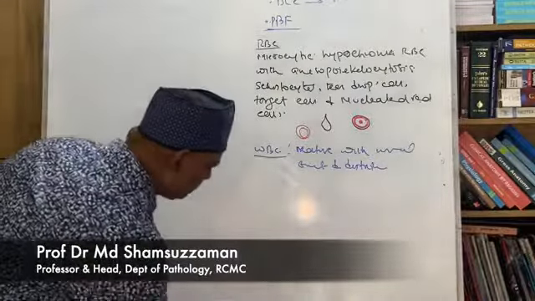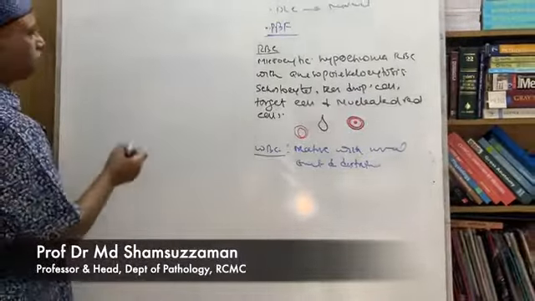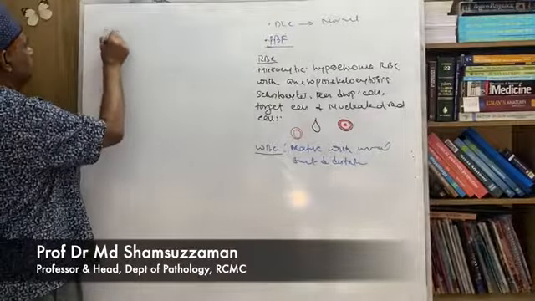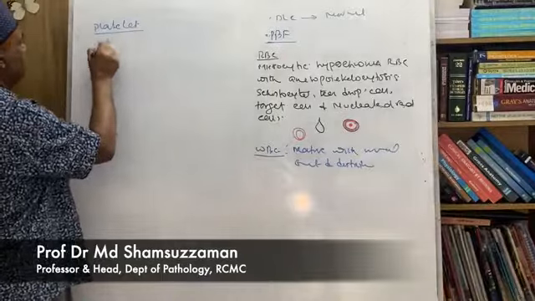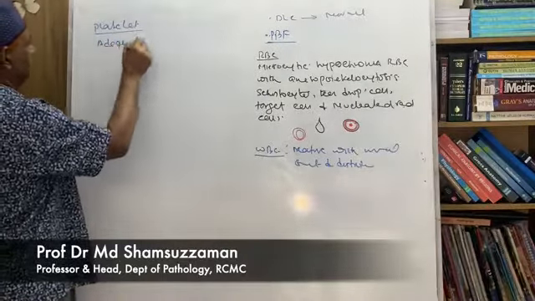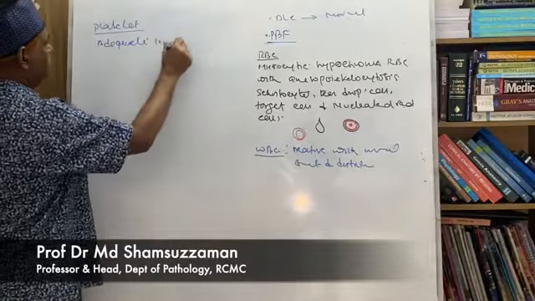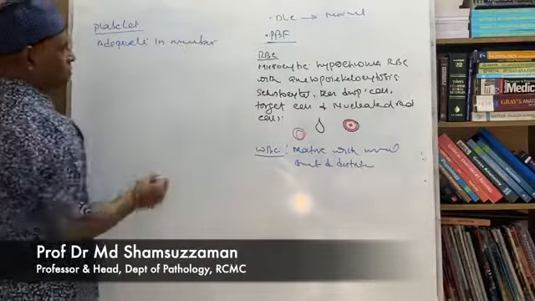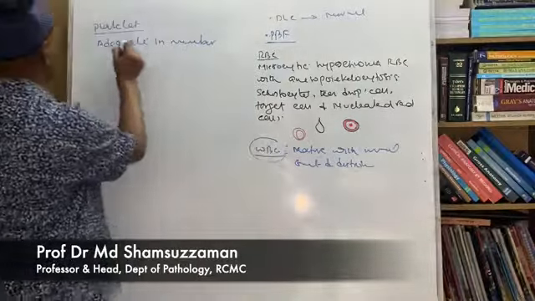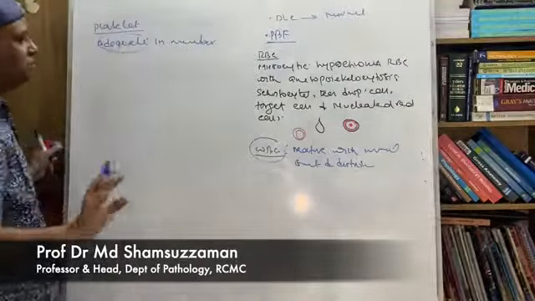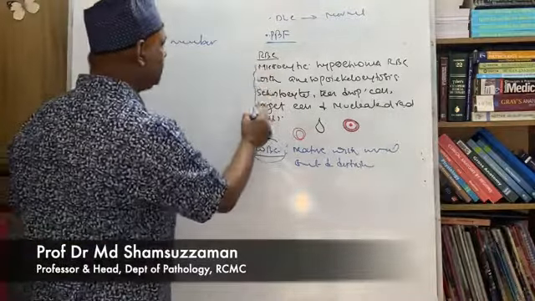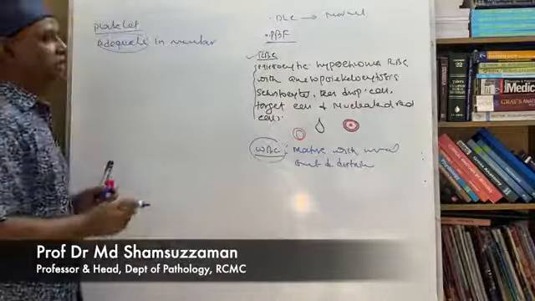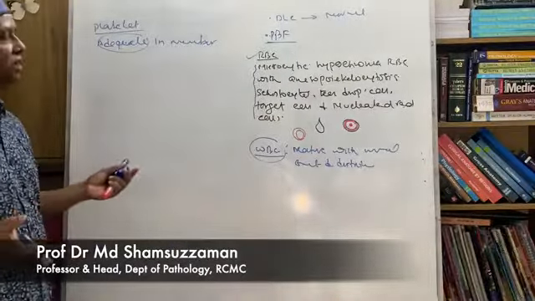In the peripheral blood film, platelets are adequate in number. So normal WBC and adequate platelets indicate it is not a disease of WBC or platelet, but these findings within the RBC indicate it is a disease of RBC, that is, a case of thalassemia.